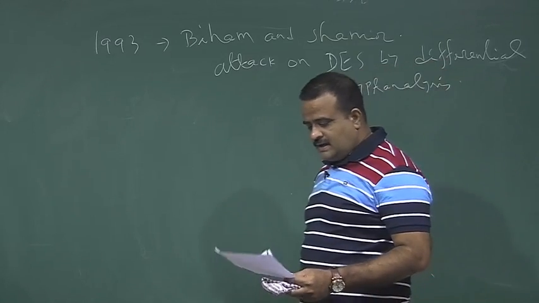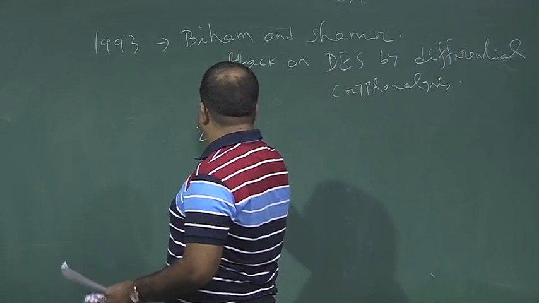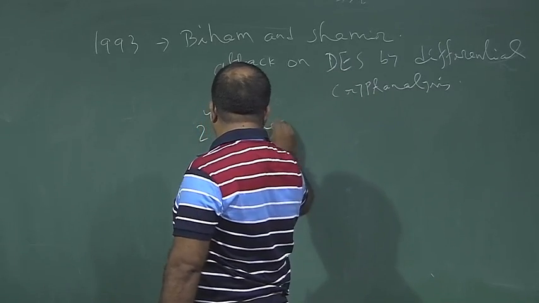For this attack they chose the size of the plaintext as 2 to the power 47 chosen plaintexts.